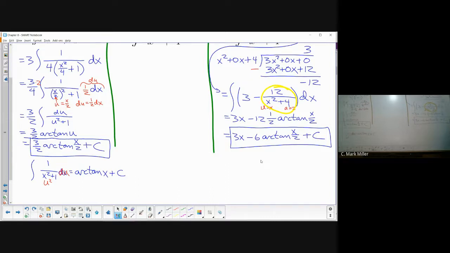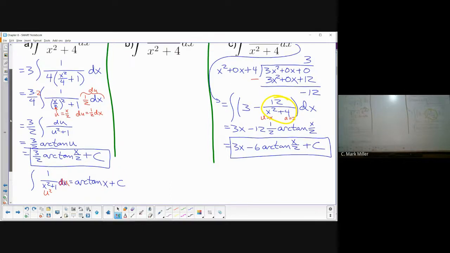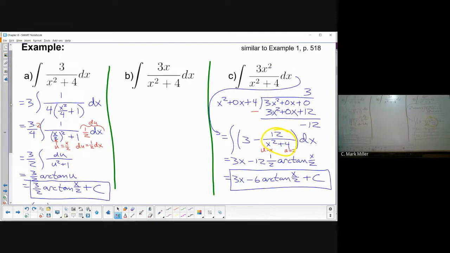Okay. What would have been my choice for the easy one? Mine would have been B. I'll tell you why. x squared plus 4, what's the derivative of the bottom? The derivative of the bottom would be 2x. So I need to make that 3 a 2. How do I do that? I factor the 3 outside.